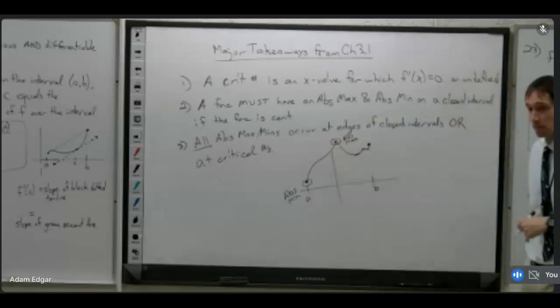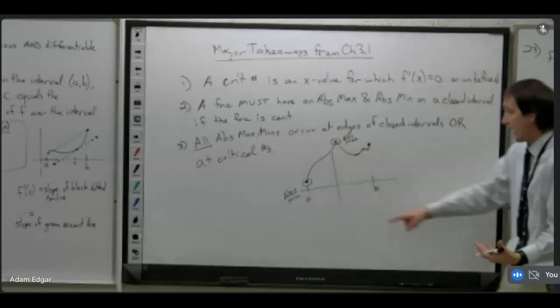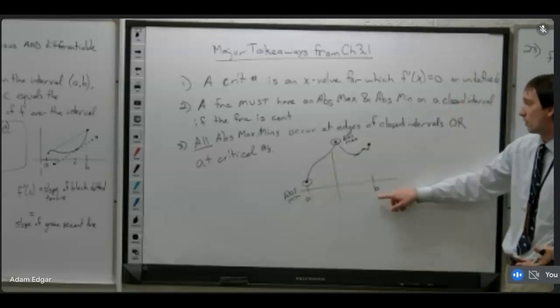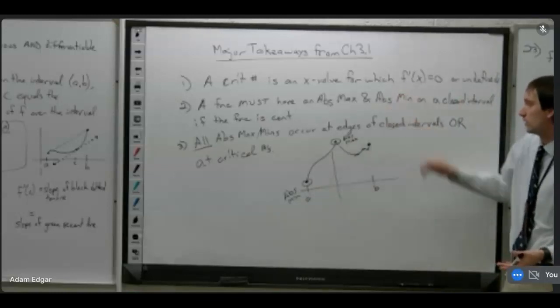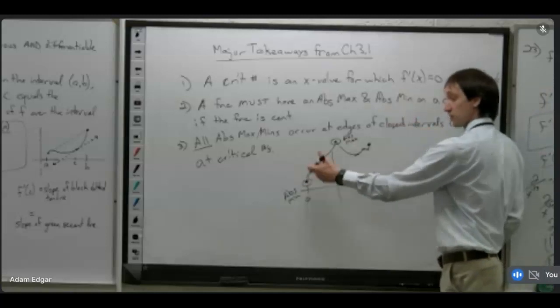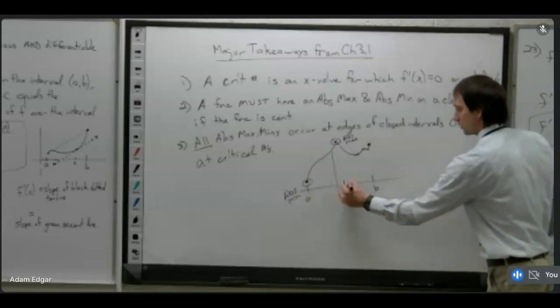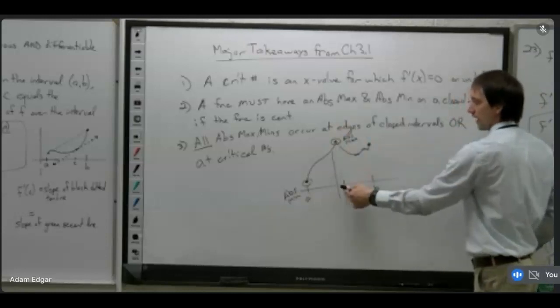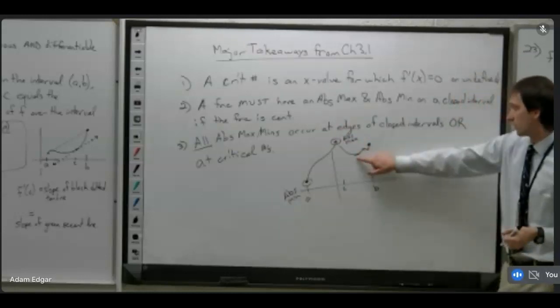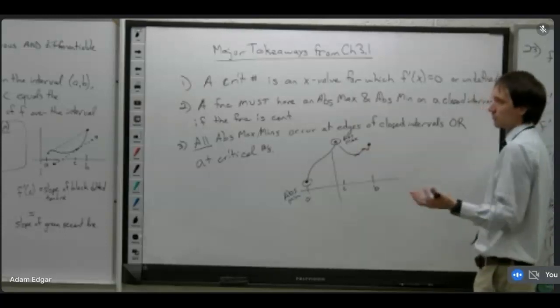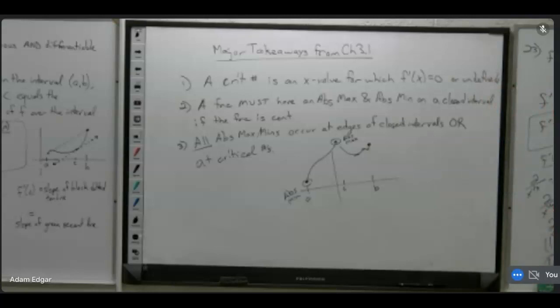And then plug all of those x values and the endpoints into the function and see what gives you the biggest and smallest y value. Since this x value gives us the smallest y, that's your absolute minimum. And since this x value gives you the biggest y, that's your absolute maximum. And these other points would be called relative maximum or minimum points, but they're not absolute. And right now, we're really only focused on absolute maximum and minimum.